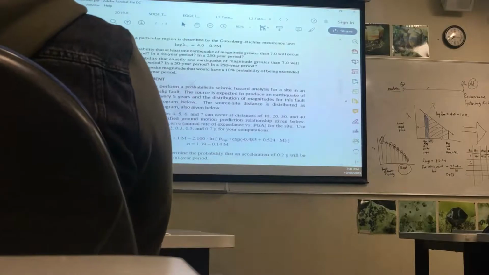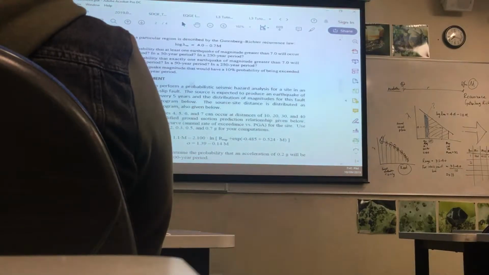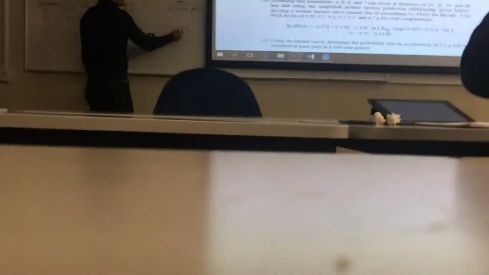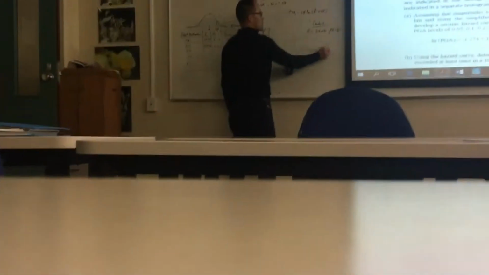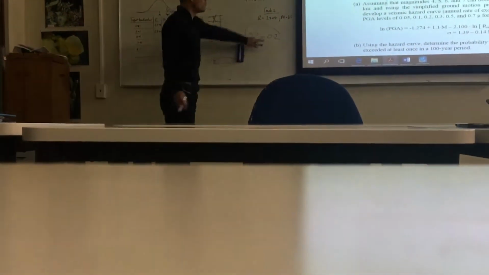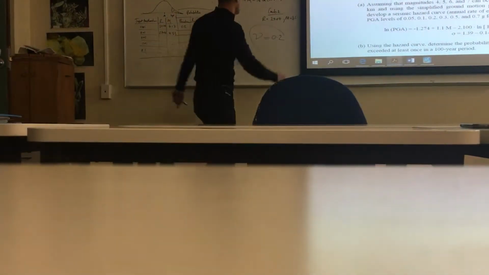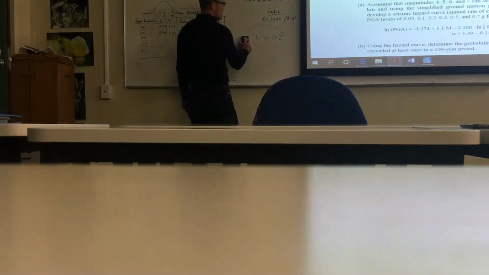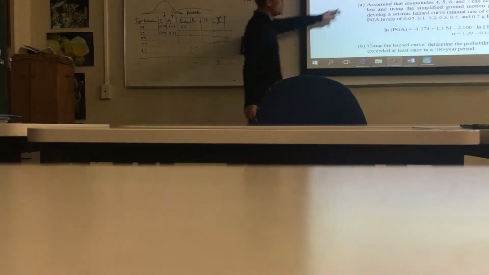So remember this. For this particular source, the probability that a magnitude greater than 4 is going to occur is 0.2, right? The annual exceedance probability is 0.2. It's 1 every 5 years, okay?